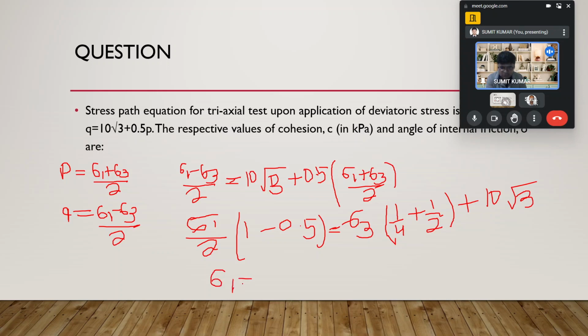Sigma 1 equals sigma 3 tan square (45 plus phi by 2) plus 2c tan (45 plus phi by 2).